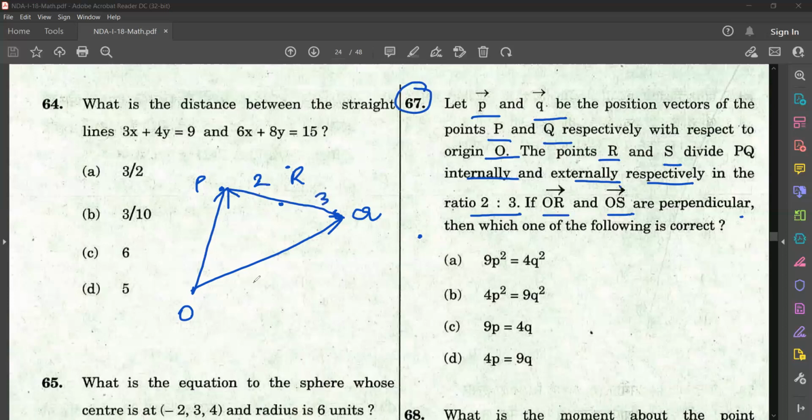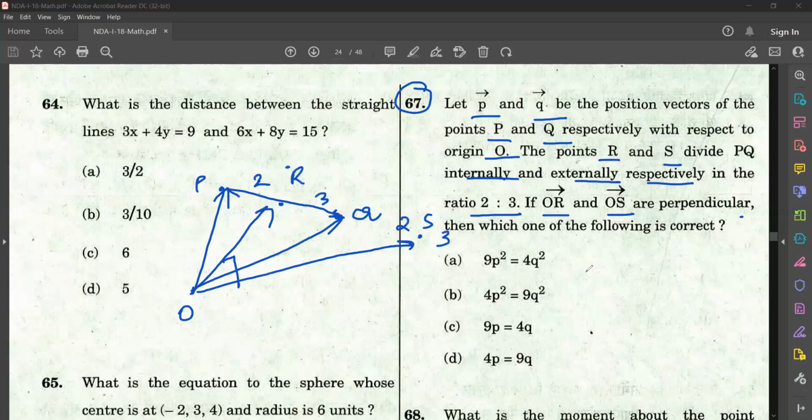S divides this externally in the ratio 2:3. Then you have to see, they are saying that OR and OS are perpendicular. Then which is the correct statement? That is what you have to find out.